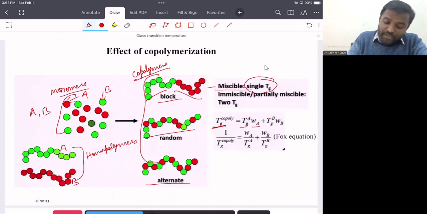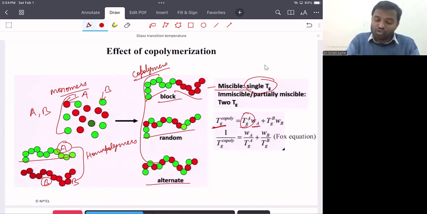So suppose from monomers A and B you have the polymer of A and you have the polymer of B. So based on that, TGA is the glass transition temperature of the pure polymer of A, and WA is the weight fraction of this one, and TGB is the glass transition temperature of polymer B, and WB is the weight fraction of polymer B. So using this formula, we can calculate the single glass transition temperature.